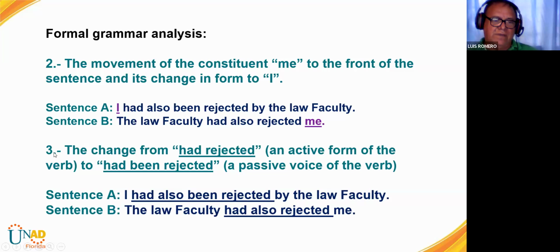Another aspect is the following. The change from had rejected, an active form of the verb, to had been rejected, a passive voice of the verb. So this sentence, as I said previously, is written in active voice, then it changes to passive voice.